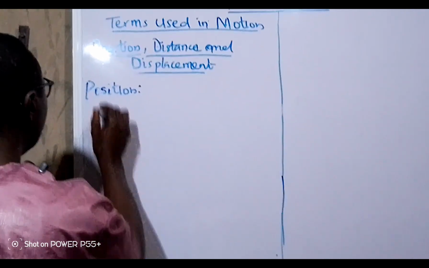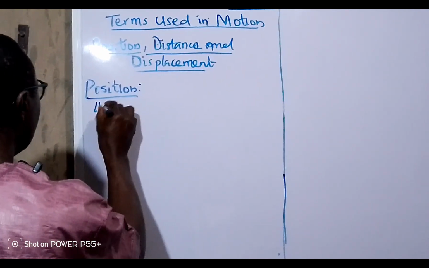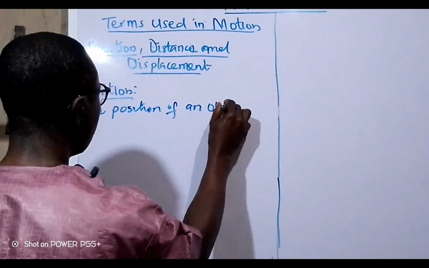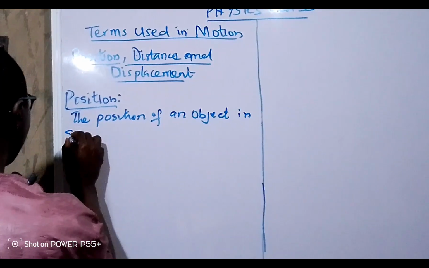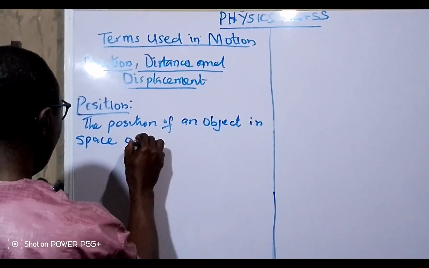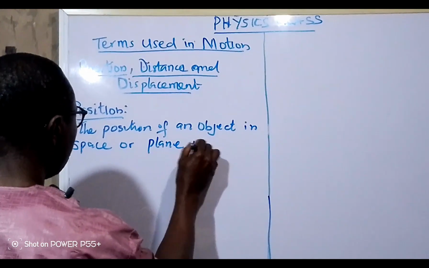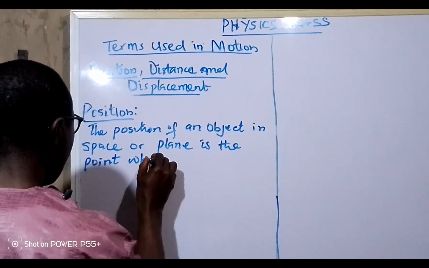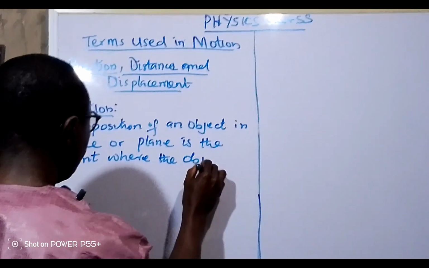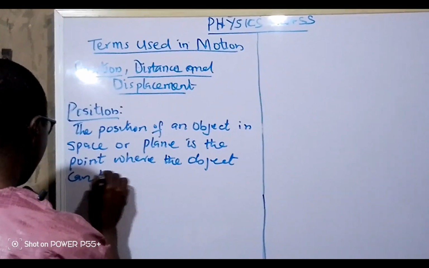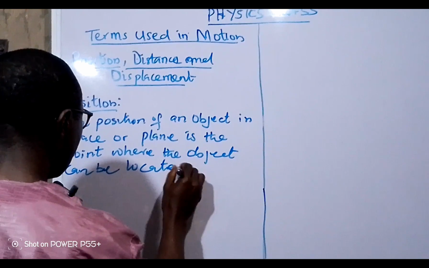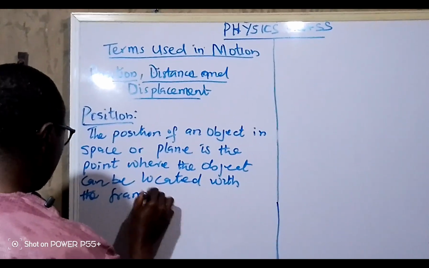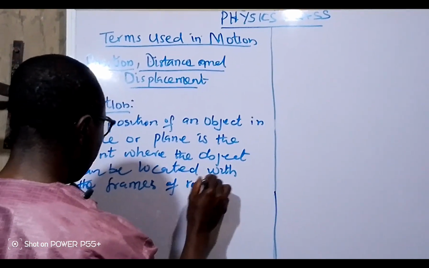Position. This one simply means the position of an object in space or plane is the point where the object can be located with the frame of reference.